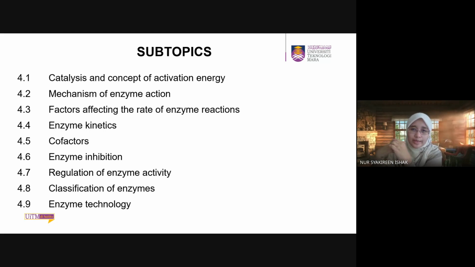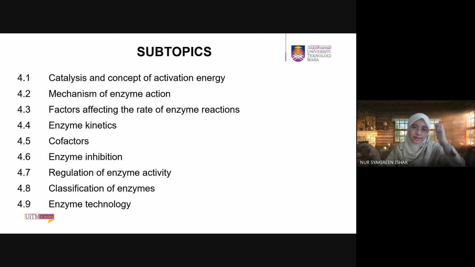So we are going to look at what are the factors that regulate enzyme activities, and then how enzymes are classified based on the type of reaction the enzyme catalyzes. So for example, in chapter 1, we looked at the process of hydrolysis, where a polymer consists of many monomers.